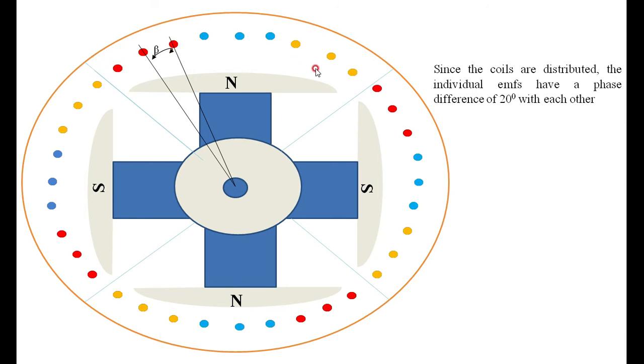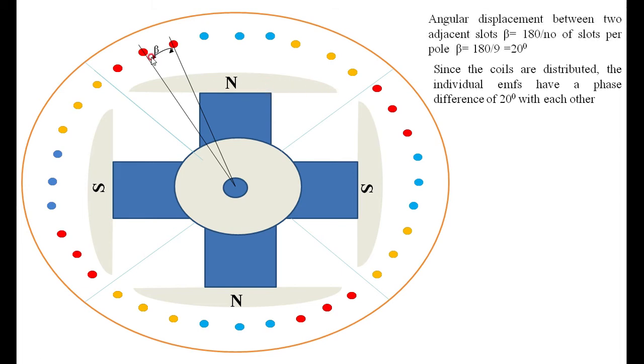Out of 9 slots, you have to redistribute those 9 slots for 3 different phases, R, Y and B. The number of slots per pole is nothing but a pole pitch, which is equal to 180 degrees electrical. For 180 degrees, the 9 slots are distributed for this particular pole. Therefore, 180 divided by 9 is 20 degrees.